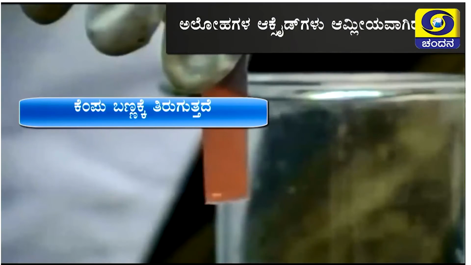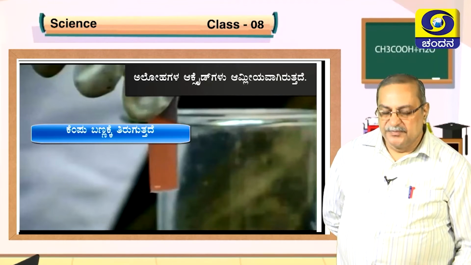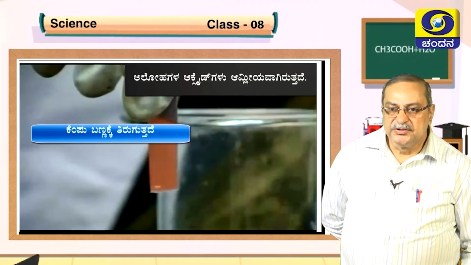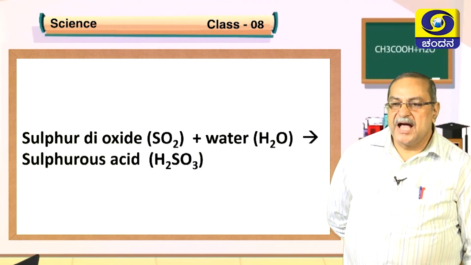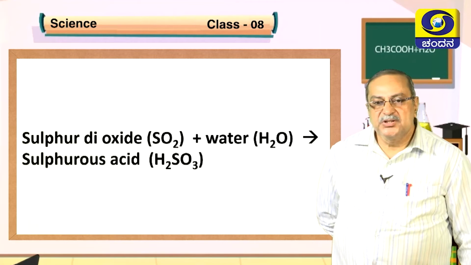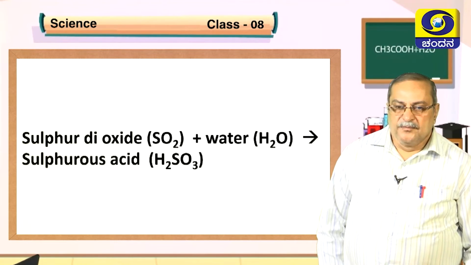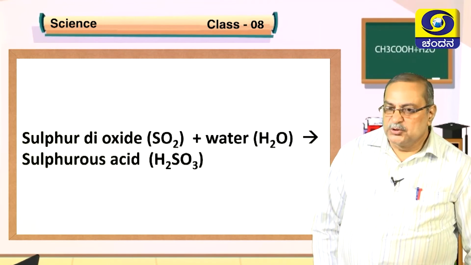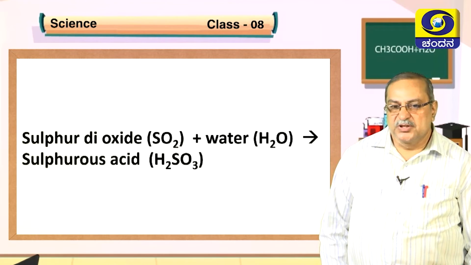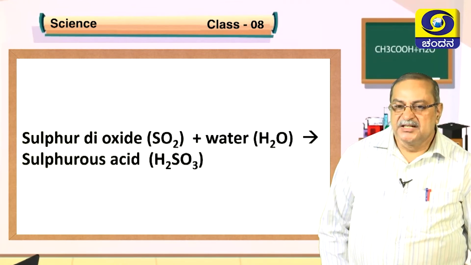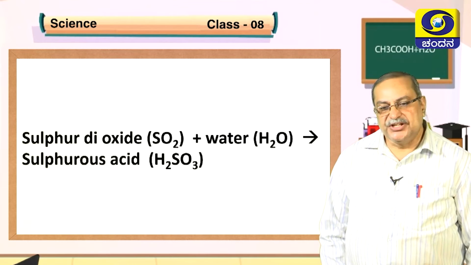When you dip red litmus paper, it will not change. When you dip blue litmus paper into this, it will change to red color. So acids will turn blue litmus to red. Sulfur dioxide, SO2, plus water, H2O, gives sulfurous acid, that is H2SO3.